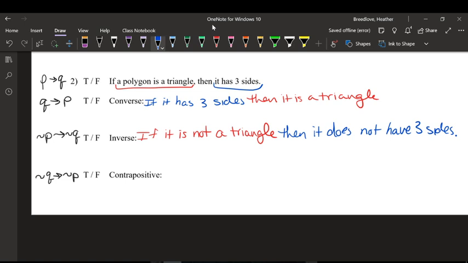Okay, so then the contrapositive, flipping the order and negating: if it does not have three sides, then it is not a triangle.